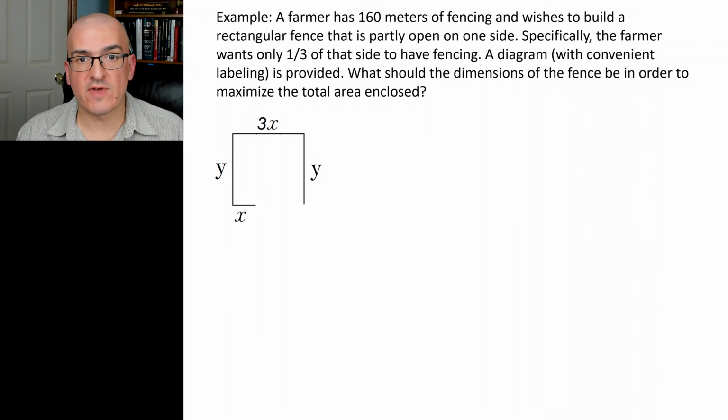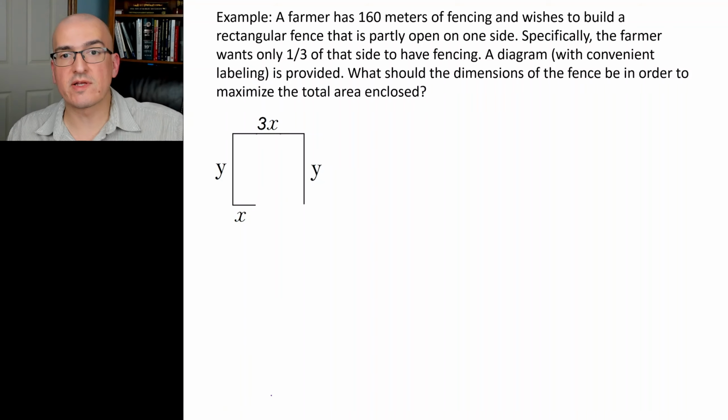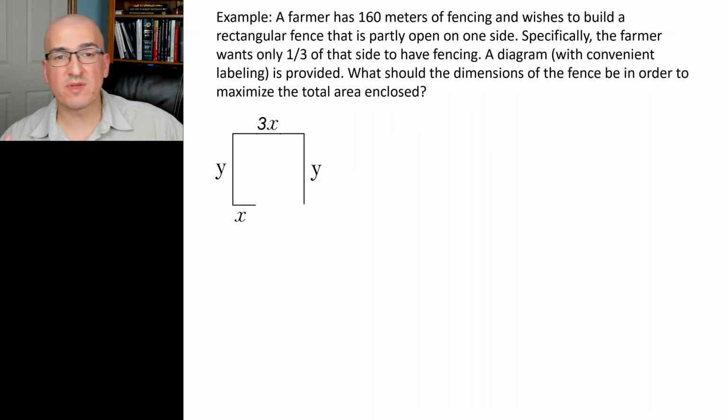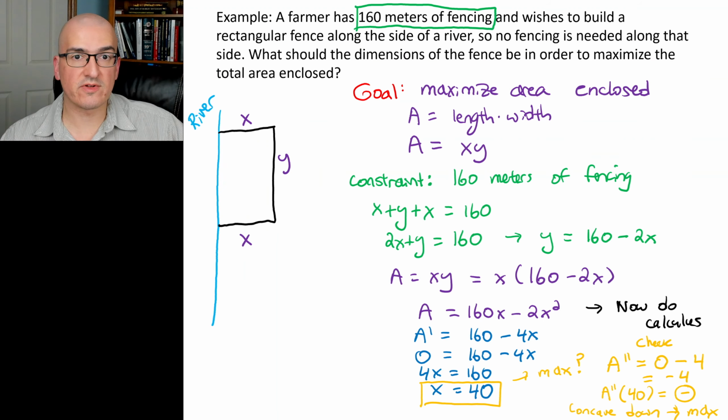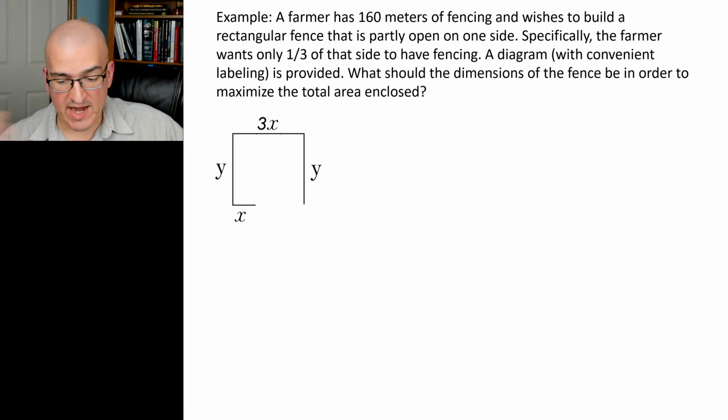Okay, the next fence question isn't much different, except some people do one like this and some people don't, whereas the last one is fairly standard. So this farmer has 160 meters of fencing as well, wishes to build a rectangular fence, but doesn't have a river.